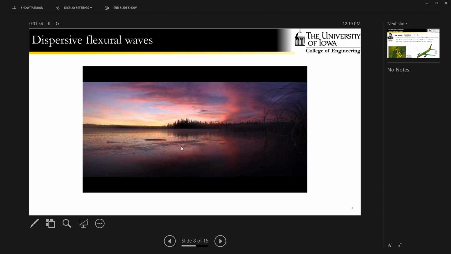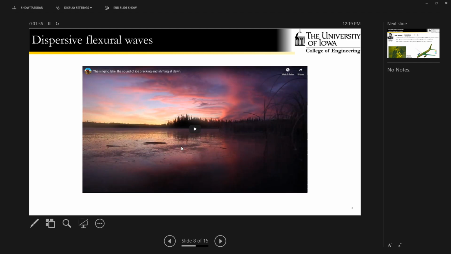If we applied dimensional analysis, we would find that a wave's speed depends upon the wave's frequency.